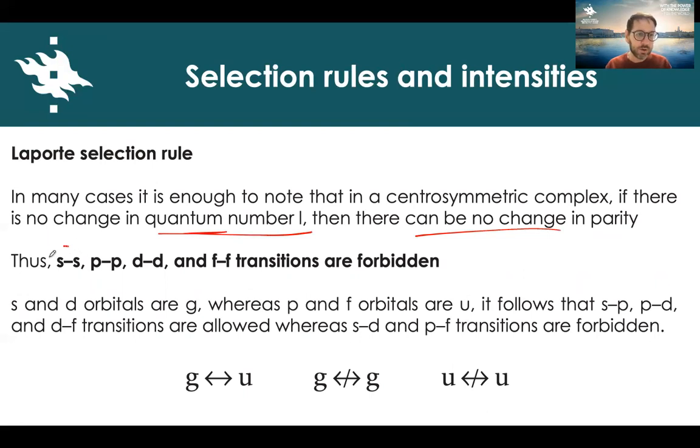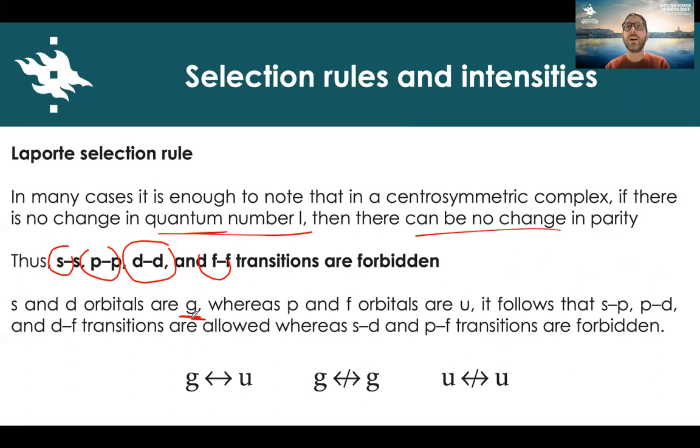So in principle, s-s, p-p, f-f, and d-d transitions are forbidden by this selection rule, as d orbitals are g. They have this kind of symmetry in the octahedral environment.